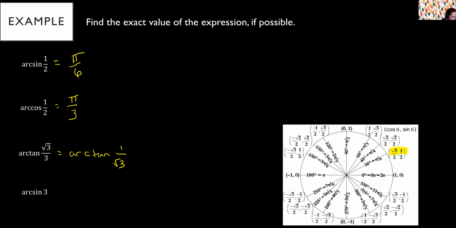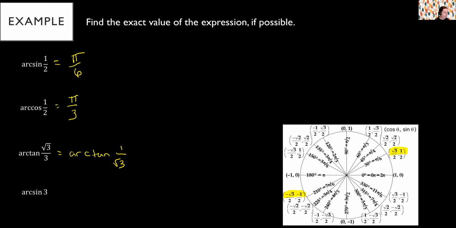And if they're both negative, that will also cancel out and give you a positive 1 over square root of 3, or square root of 3 over 3. Because tangent is opposite over adjacent, you're looking at your y value over the x value. So 1/2 over square root of 3 over 2 will become 1 over square root of 3, which is square root of 3 over 3. So our possible angles are pi over 6 and 7 pi over 6.